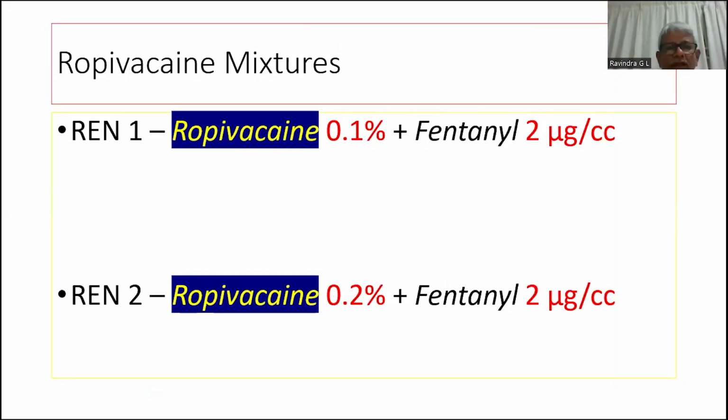REN1 is ropivacaine 0.1%, and REN2 is ropivacaine 0.2%. These are the 5 mixtures which I am using, and these are the only 5 mixtures which we talk about. In the entire talk, I will be dealing with the bupivacaine mixture concentrations only, and it can be extrapolated to the other 2 drugs as well.